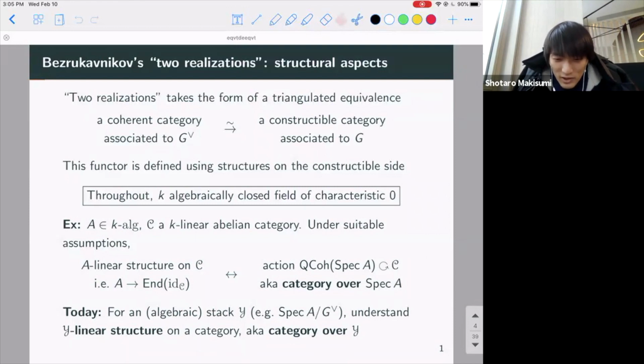I'm just assuming C has suitable colimits or something so that I can do this. I'll say a little bit more in a bit.